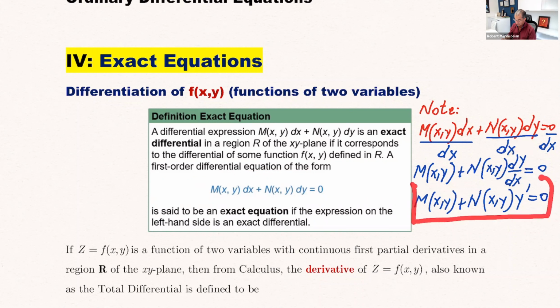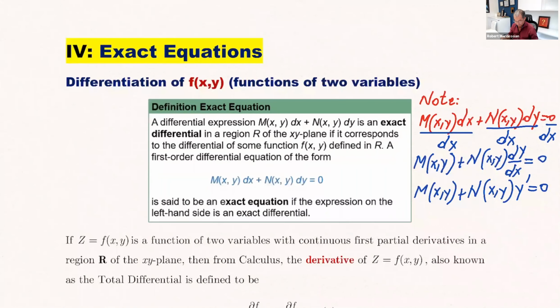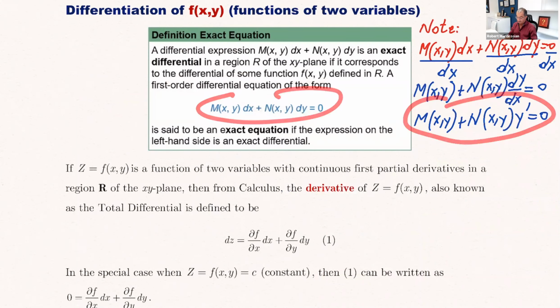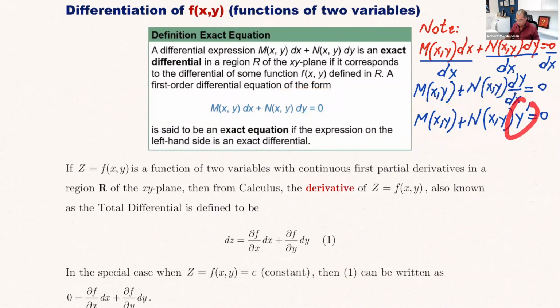So sometimes if you see this, that's also an exact equation. Both notations are the same, so if you see this notation, you can just change it to dy/dx and write it like that.